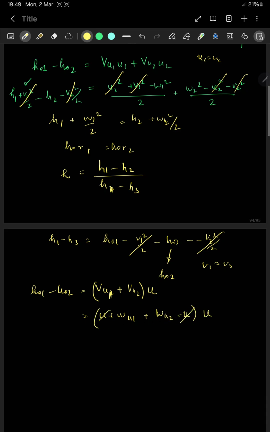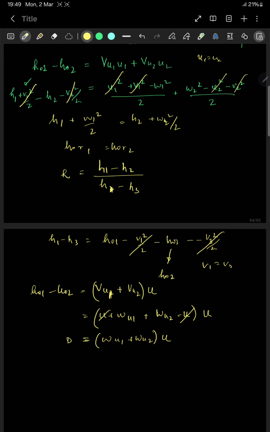This and this go away, so this is wu1 plus wu2 into u, right? So this is the denominator.